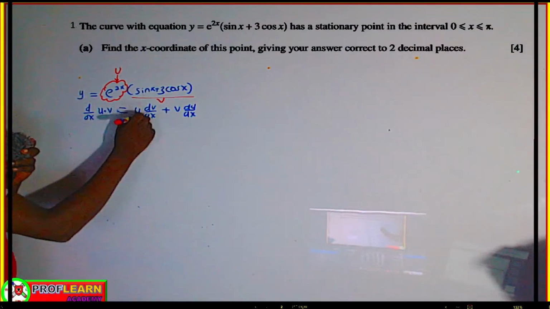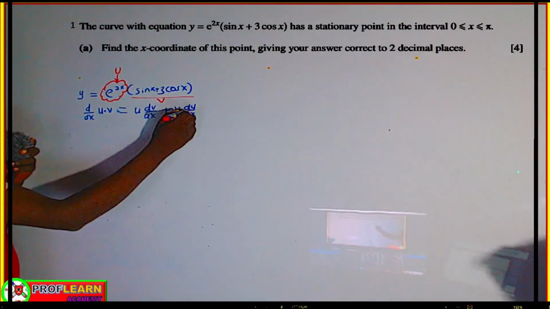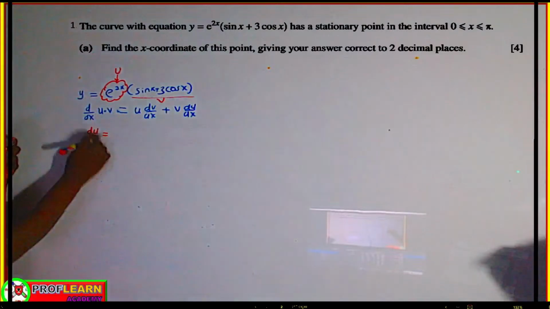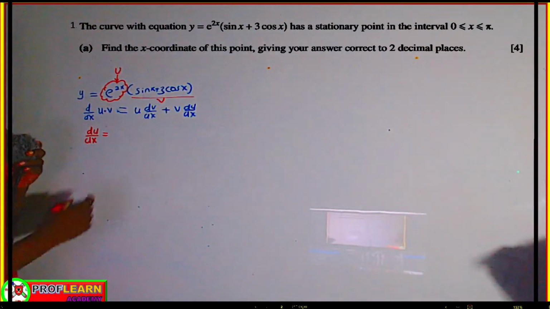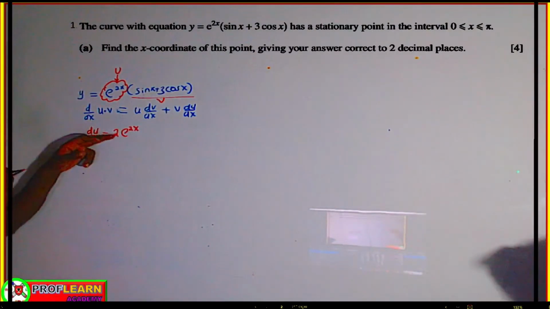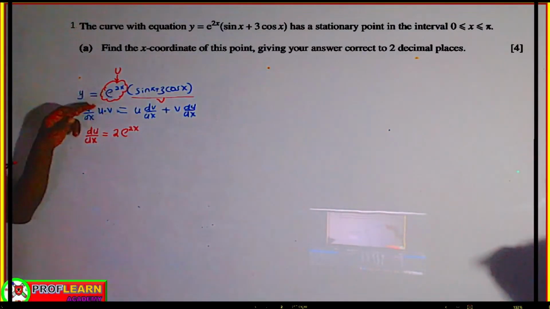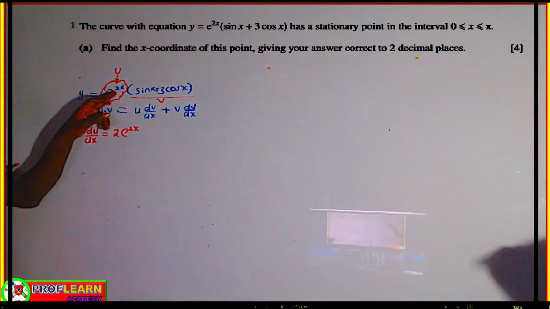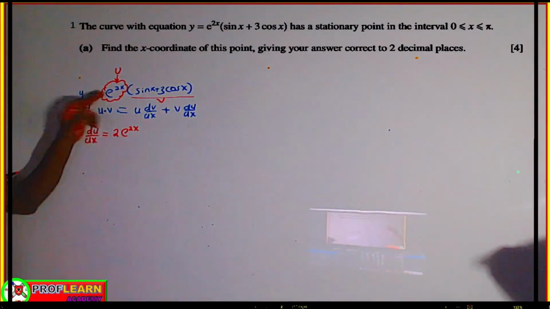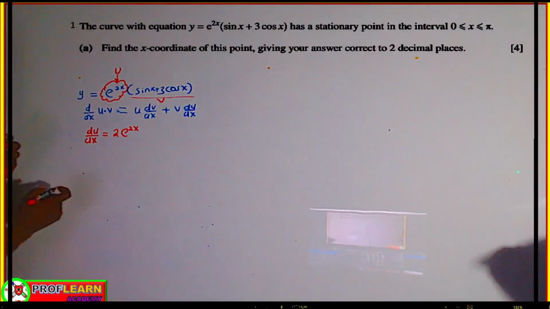Now, since I need the dv/dx and I also need the du/dx, I need to go ahead and find the du/dx. The du/dx of this particular function is going to be 2e to 2x, because when you differentiate e to 2x, you differentiate the top part, the exponent, and then you bring it down and maintain the function of the exponent the way it was.